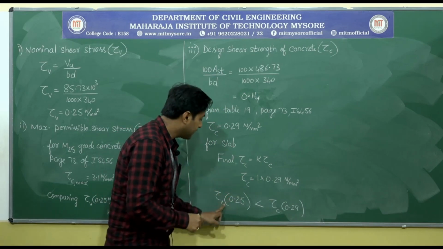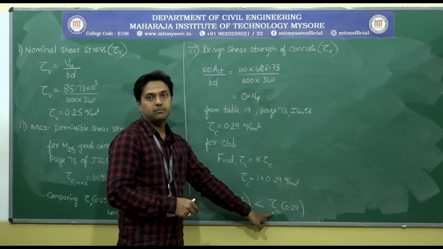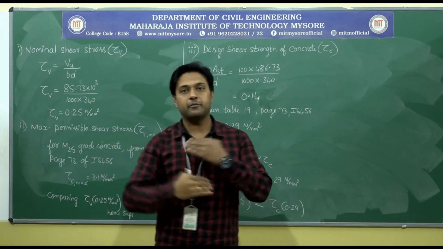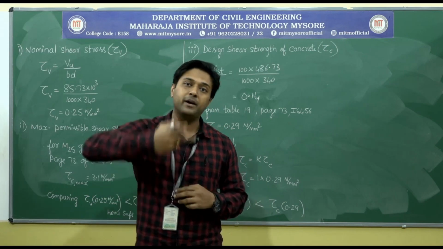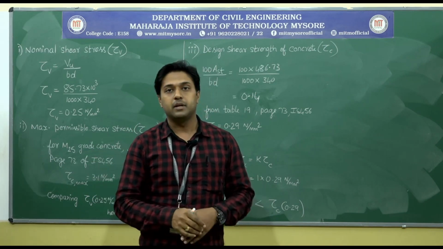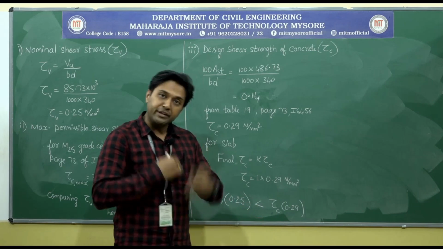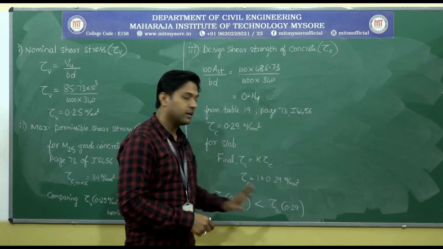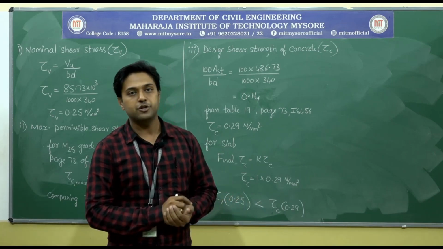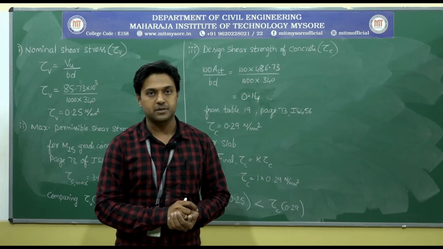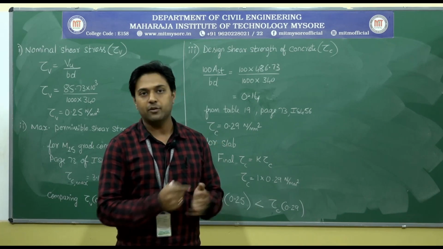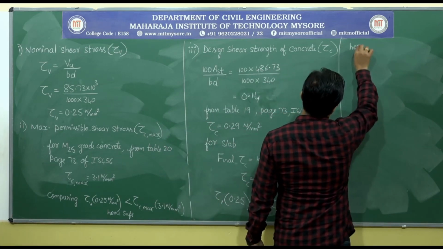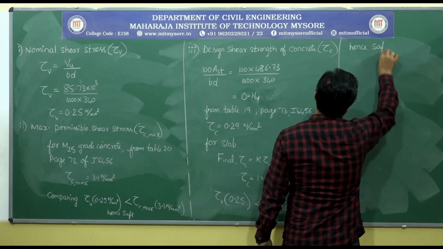If by chance tau V exceeds tau C, then we need to increase the thickness. Already, while considering shear, we have doubled the thickness, but if tau V still exceeds tau C, we need to increase further and do the design again. But here tau V is less than tau C, so there is no need to provide shear reinforcement in the form of vertical stirrups, and as it is a slab we can't provide it anyway. Hence safe.